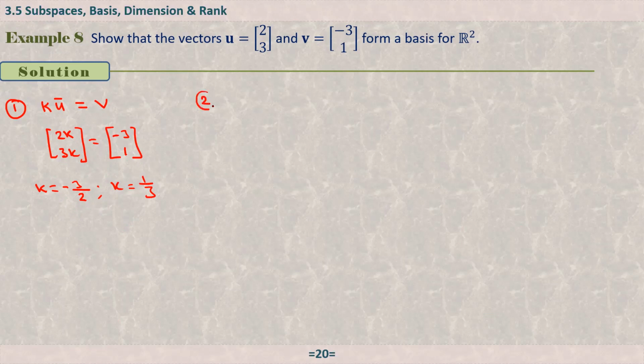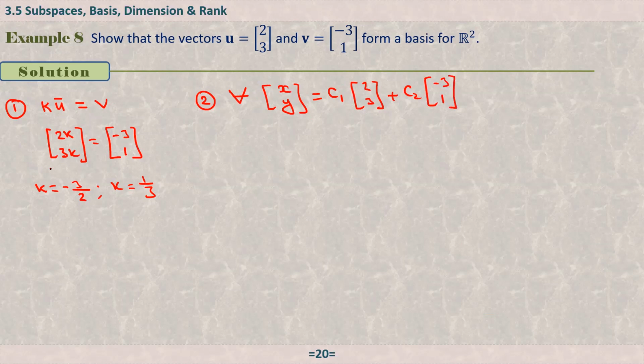And how about the second case? Now we have to show that it spans R2. If you pick any vector with components x and y, can we find numbers so that we can write it as a linear combination of these two vectors: c1 times (2, 3) plus c2 times (-3, 1)?